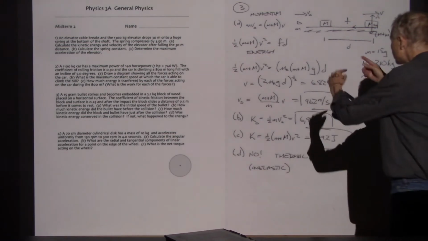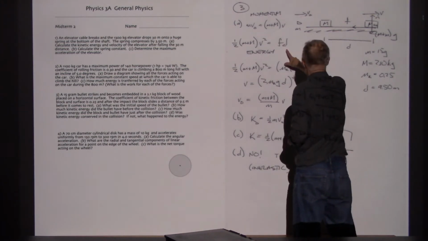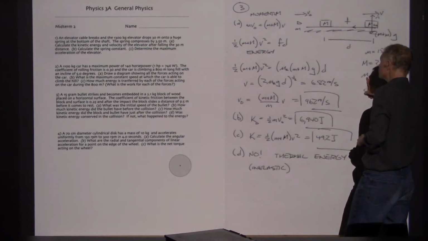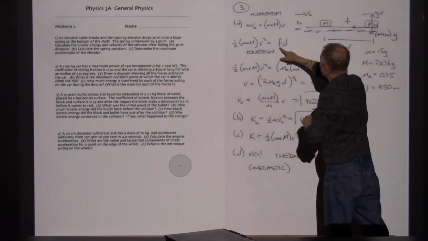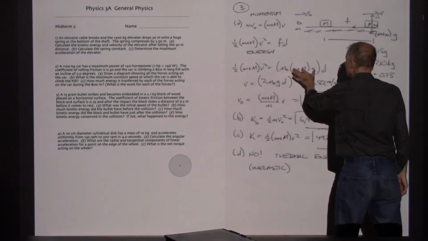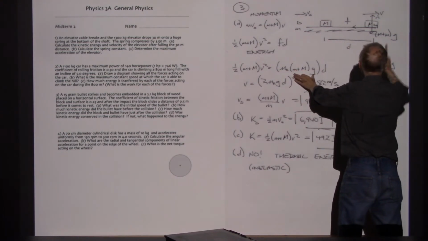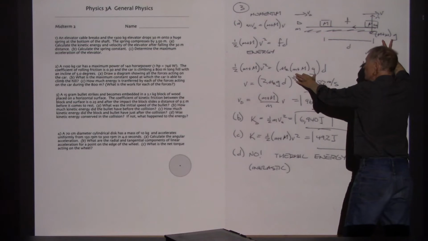So I'm going to need both of these equations. I know d. I've got a coefficient of friction, so I can calculate friction. Friction is going to be given by mu sub k times N, and N is going to be the same thing as (m plus M) times g.